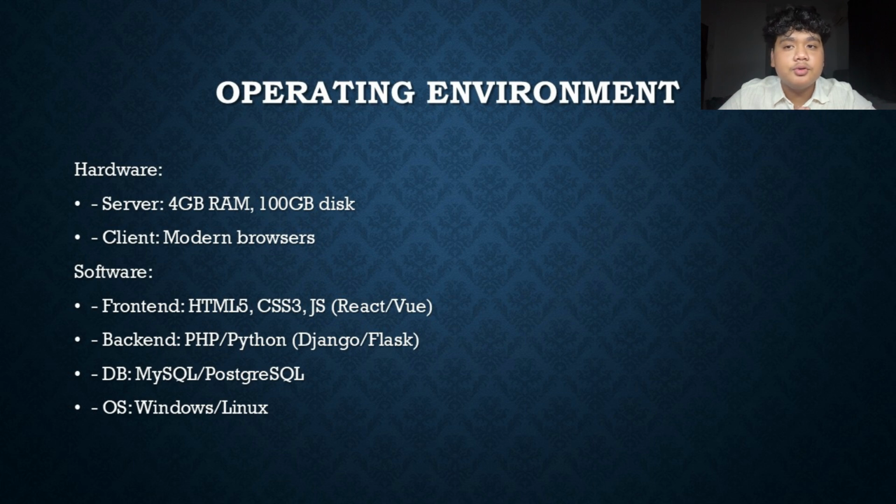The backend uses PHP or Python with frameworks like Django or Flask for robust processing. The database is powered by MySQL or PostgreSQL for reliable data management. The system runs on Windows or Linux systems. This will ensure the system is accessible and performs well across different platforms.